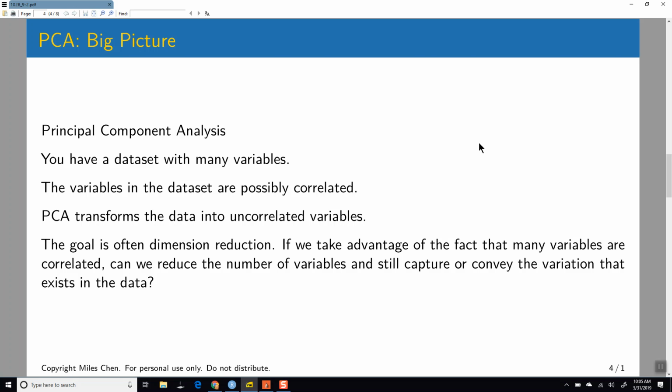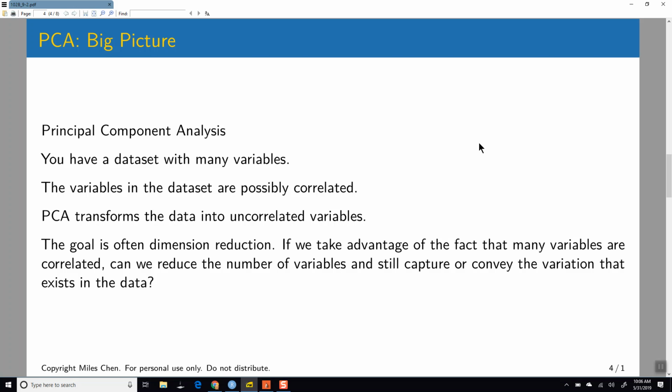And so the variables in the data set are correlated, and what PCA does is it transforms the data into uncorrelated variables, okay? So we start off with correlated variables, and it transforms the data into uncorrelated variables. And the goal is often to perform dimension reduction, okay?